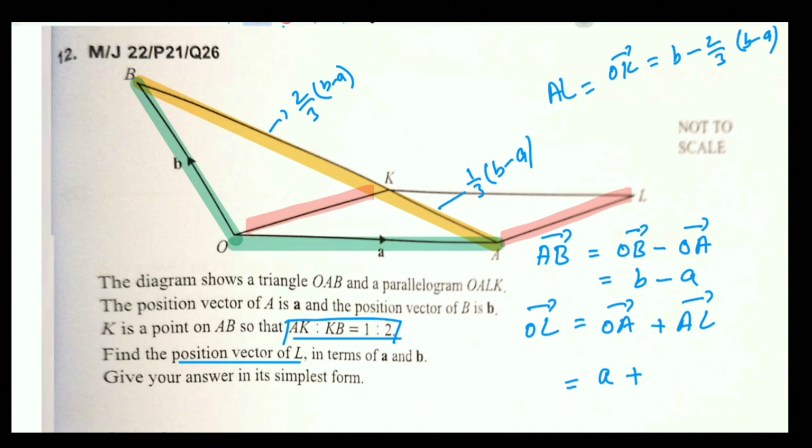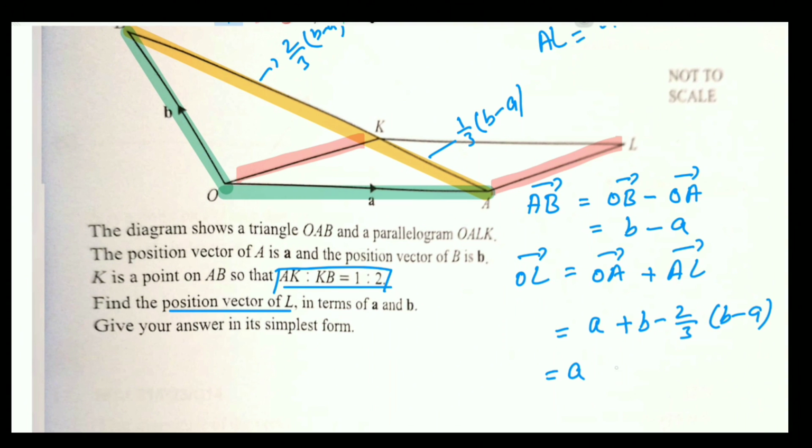So AL is equal to OK, and what is OK? If you choose this path, it will be b minus 2/3 of b minus a. Now you write the value of OK, that is b minus 2/3 of b minus a.